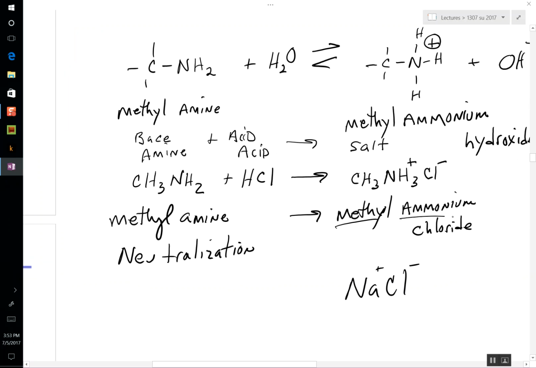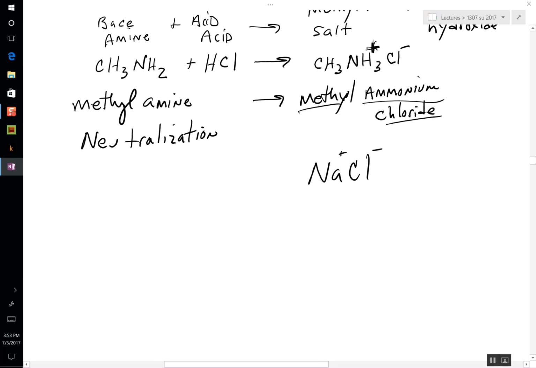So whenever you see the positive here, you're going to see the word ammonium. You wouldn't say ammonia. Ammonia is NH3. Amine is an NH2. But the ammonium has a +1 charge on it. It's gained a hydrogen.